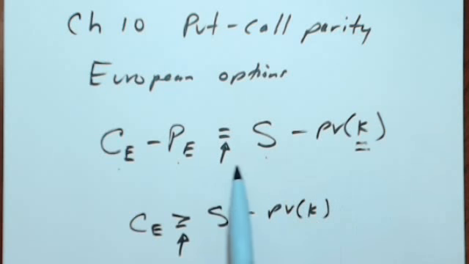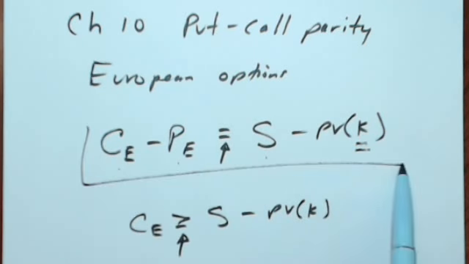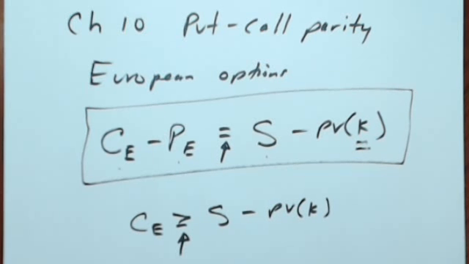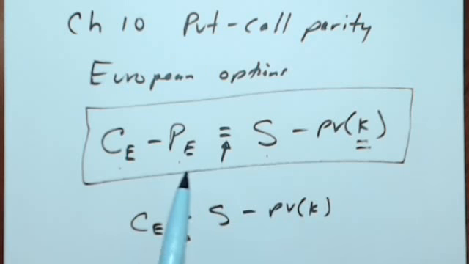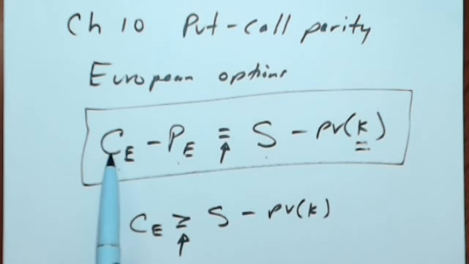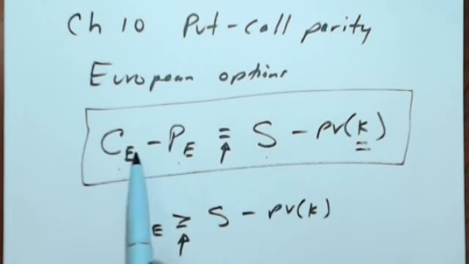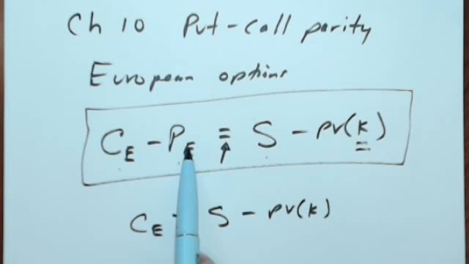It's no accident that this relationship works all the time, any given minute of the day, for any particular stock. So let's be careful again. It's European. It's calls and puts on the same underlying security, S, so the same underlying stock, and this put and the call have the same expiration and the same strike, K. So what I want to do now is derive it, because this is a fairly important relationship, and I think it's important to derive.